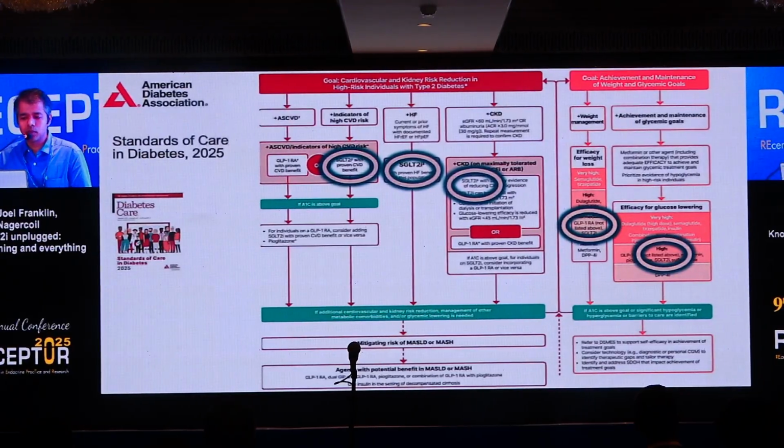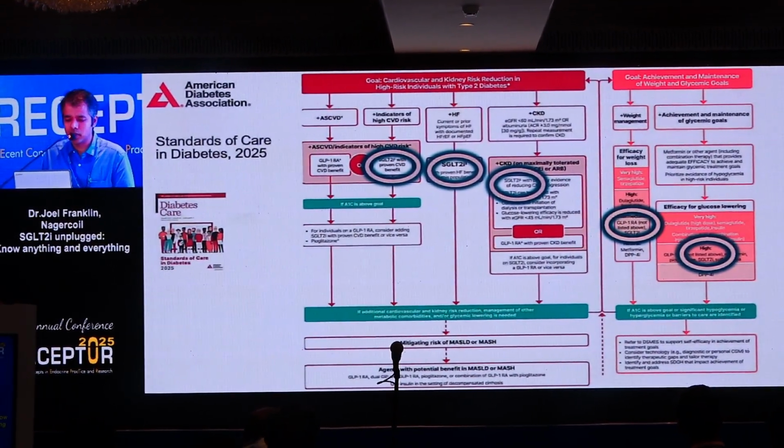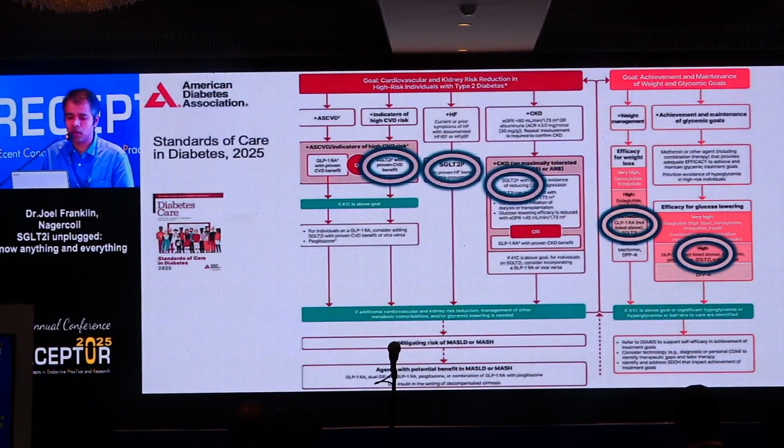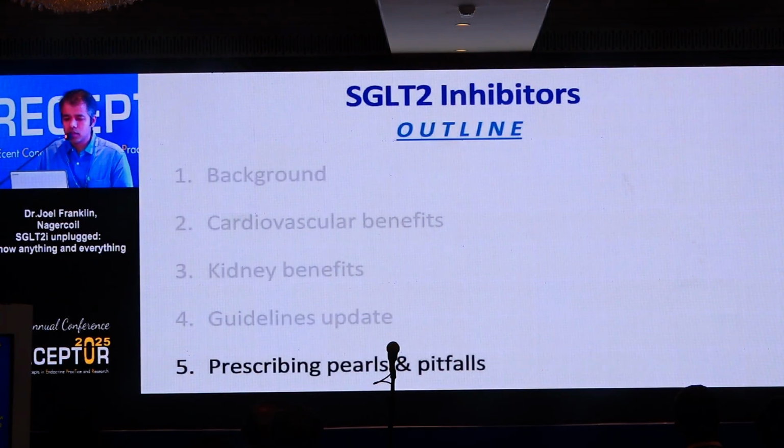And if your goal is achieving and maintaining weight and glycemic goals, then for weight, apart from GLP-1 receptor agonist, SGLT2 inhibitor also does play a role. And for maintenance of glycemic goal also, SGLT2 inhibitor. And there is some off-label indication for MASH or NASH also.